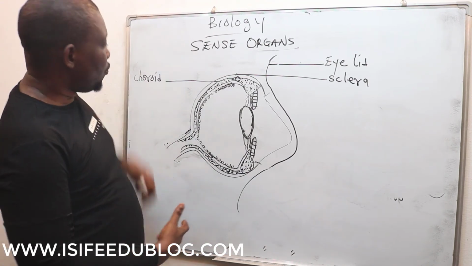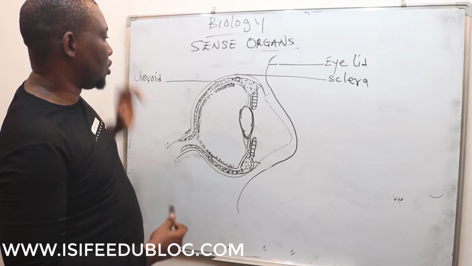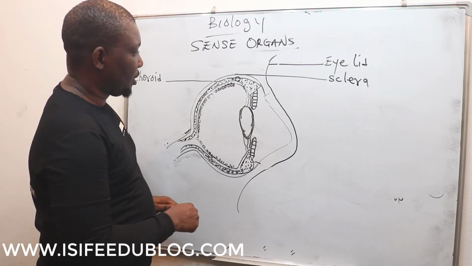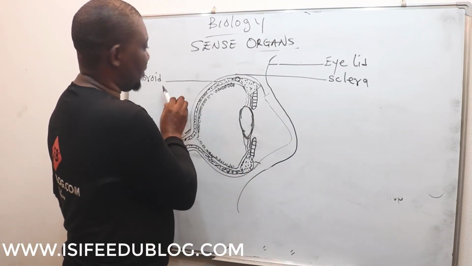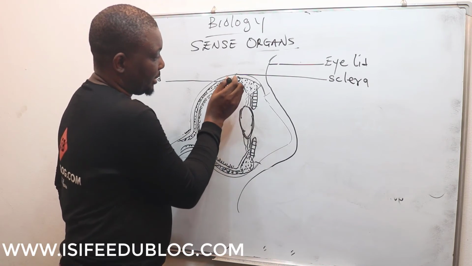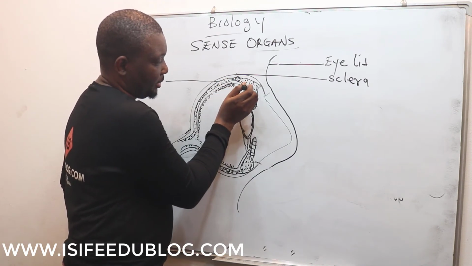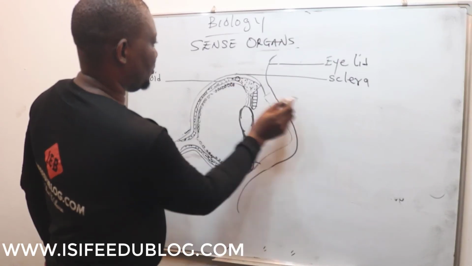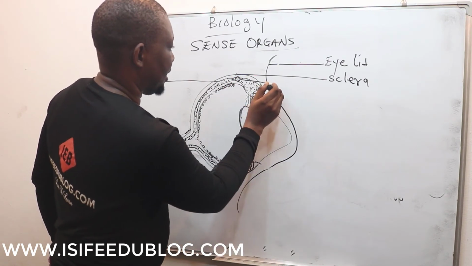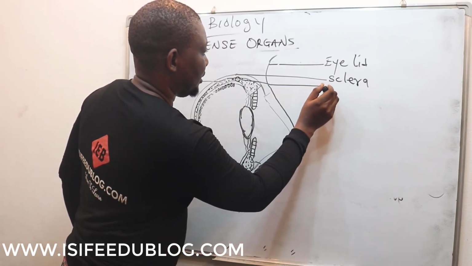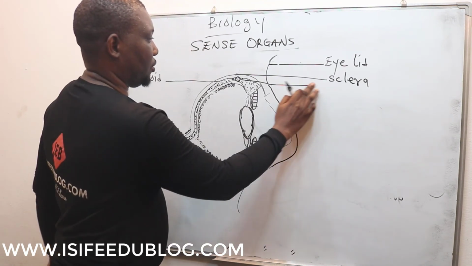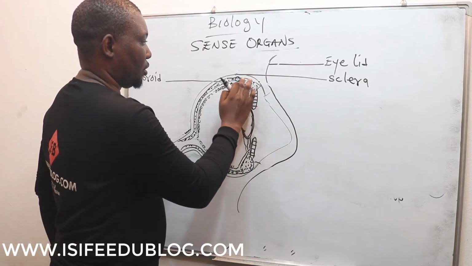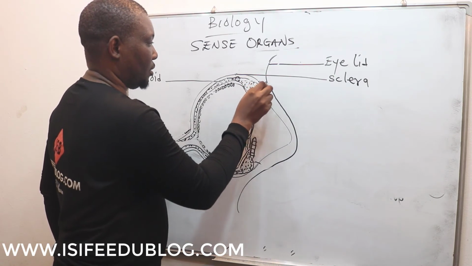Now label the second layer, which is the choroid, and then the other part of the middle layer of the eye. There is a muscle here suspending this. That muscle, I have to label it. I can come this way, just slightly here, and still go horizontally. I make sure I don't cluster the structure. It's very important you don't cluster it.